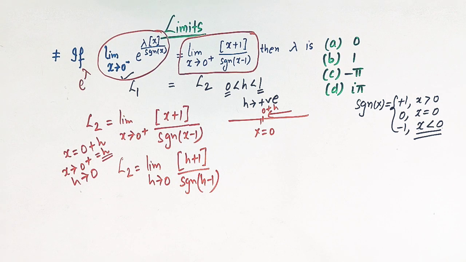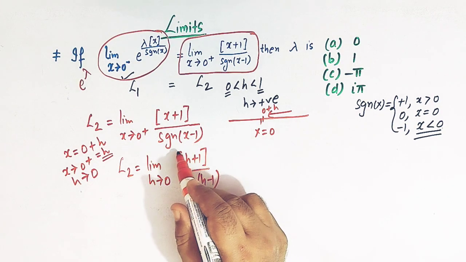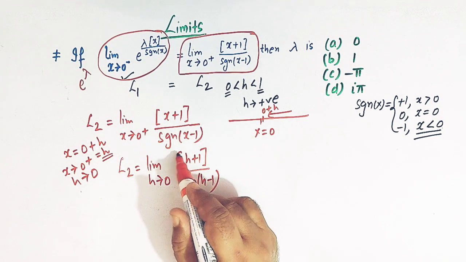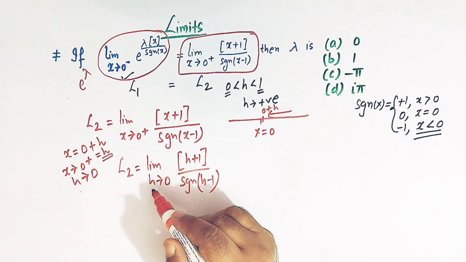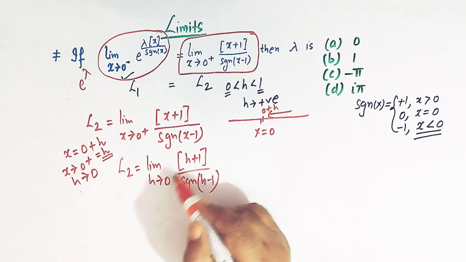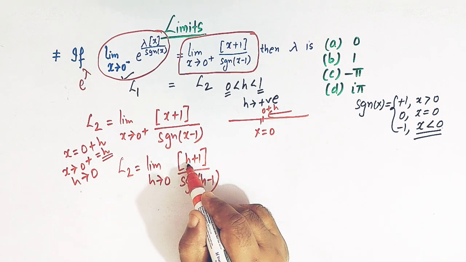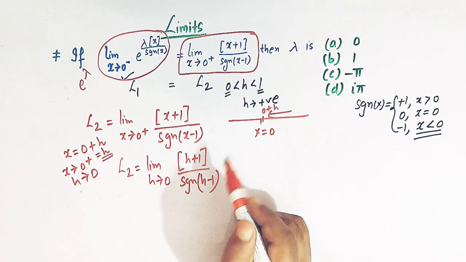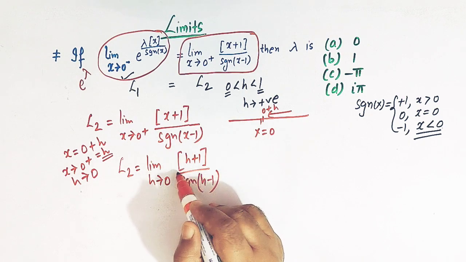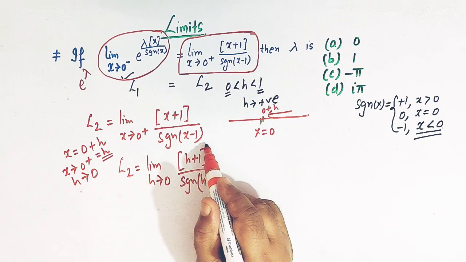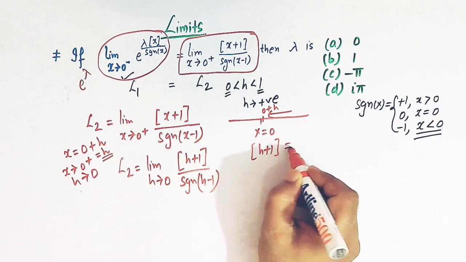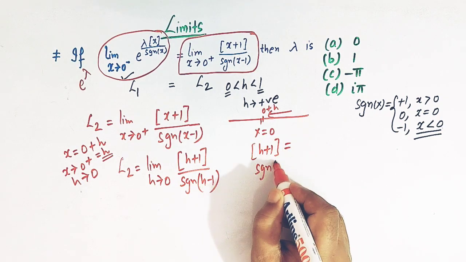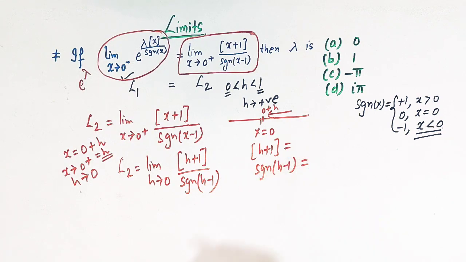Again we have come across the greatest integer function and the signum function, and we cannot directly substitute h equal to 0 in this limit. So we will find the separate values of the greatest integer of h plus 1 and the signum of h minus 1.